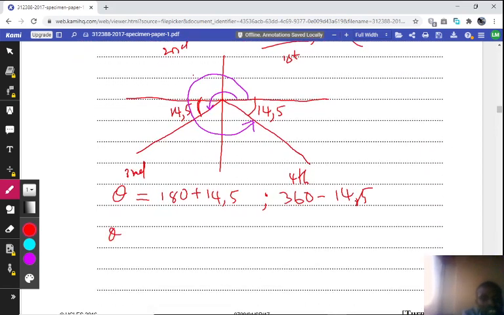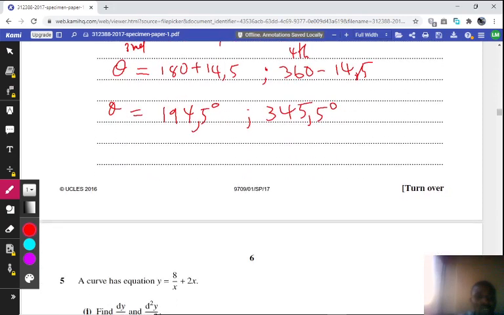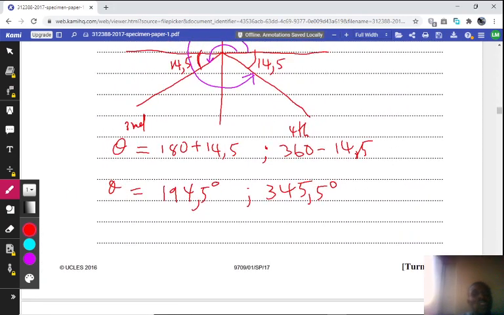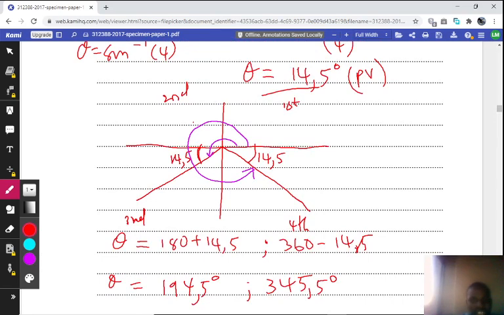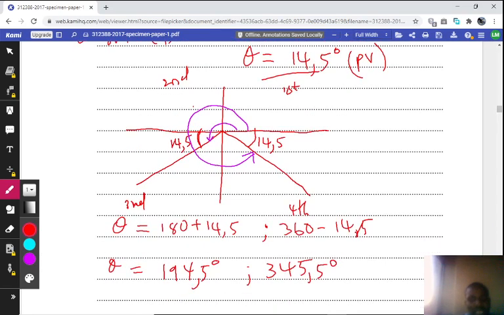So theta equals 194.5, or another value, 360 minus 14.5. What do you get here? 345.5 degrees. So these are the two solutions, or the two values of theta. I'm sure you've understood this concept.